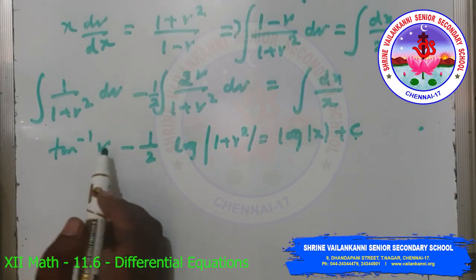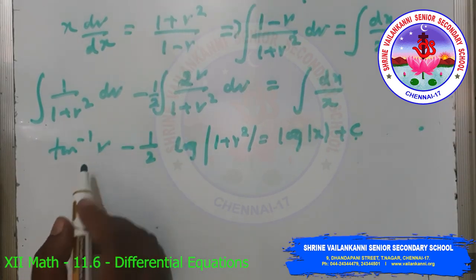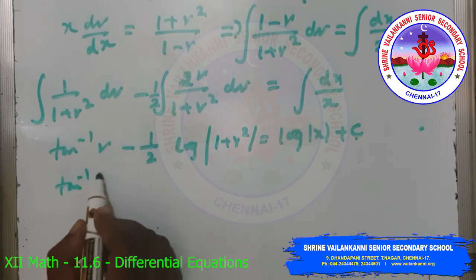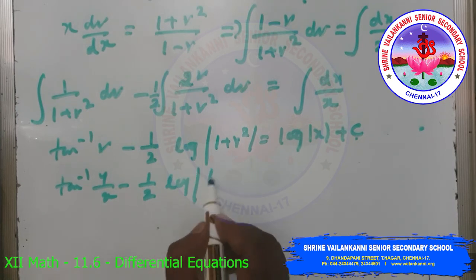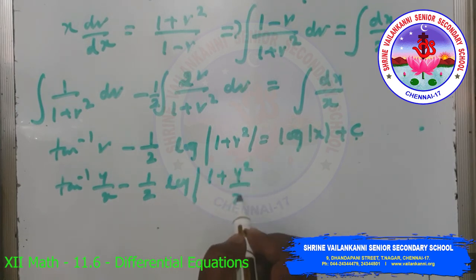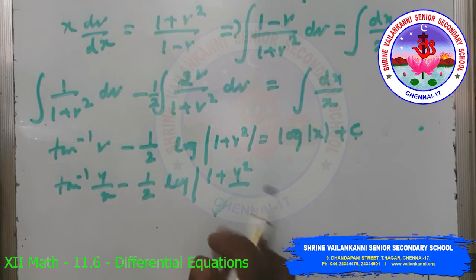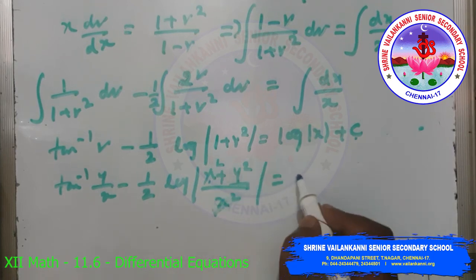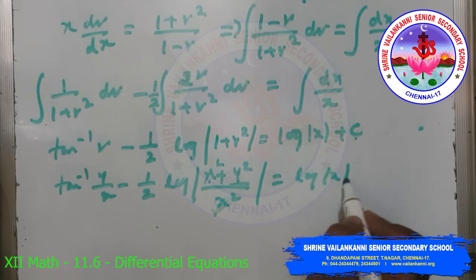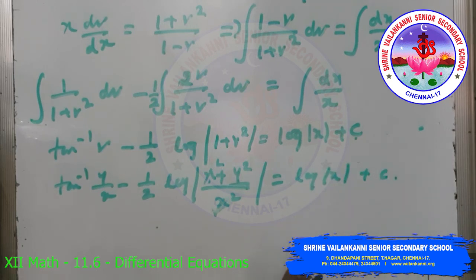So replacing v is y by x. So tan inverse of y by x minus half log 1 plus y square by x square. So taking LCM, x square plus y square by x square, which is equal to log x plus c.